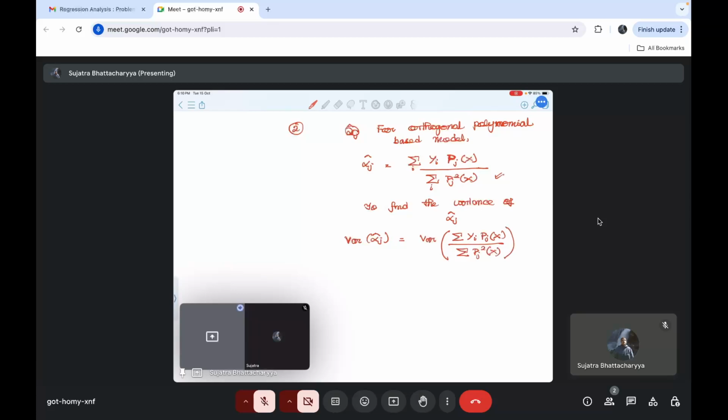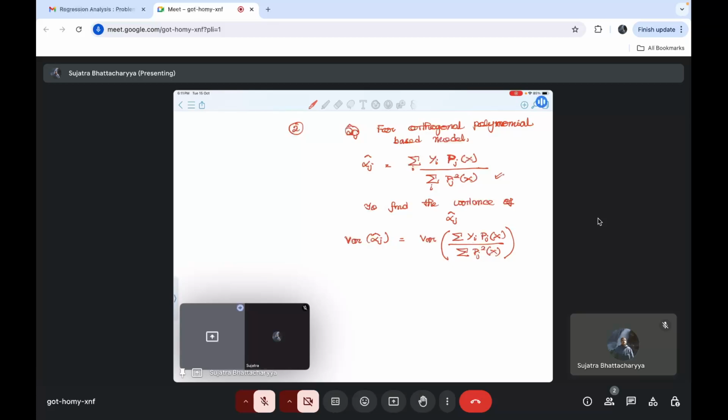We know that x, and the polynomial in x, which is p_j, is a non-random variable. We have discussed many times in the last couple of lectures that x is a non-random, independent variable. Therefore, you can consider this x as a constant, not a random variable. The only random variable here is y. Therefore, variance must be applied on y. Other things will act as constants.